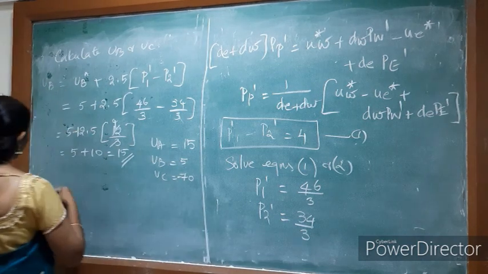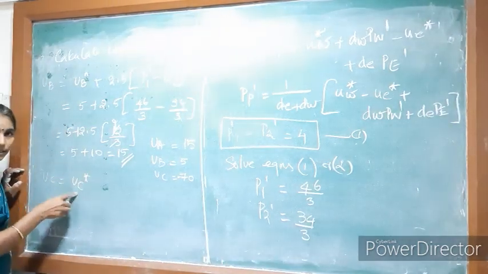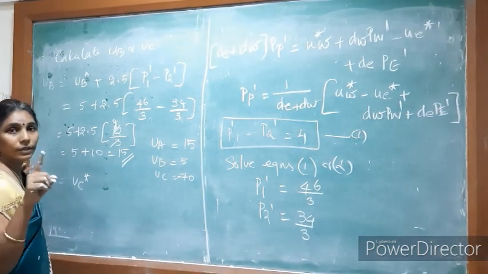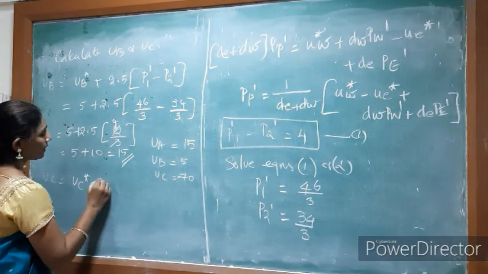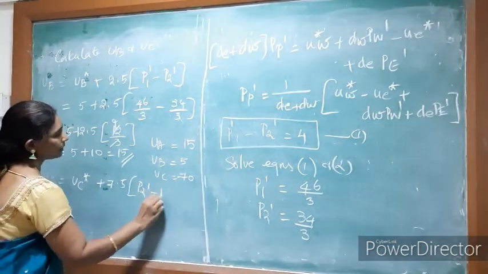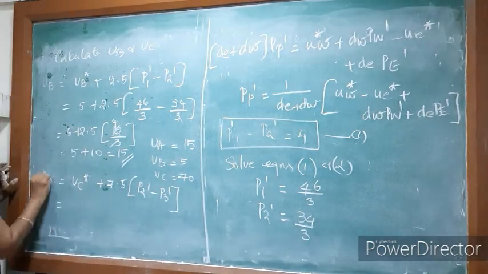Now I'll go for the UC equation. UC equation is UC star. Why is it star? Because it was the guessed value which was calculated using the guessed value of pressure. Right? So plus 7.5 into P2 dash minus P3 dash.